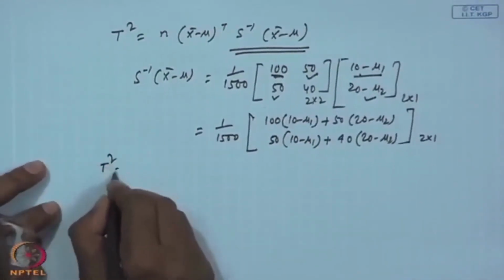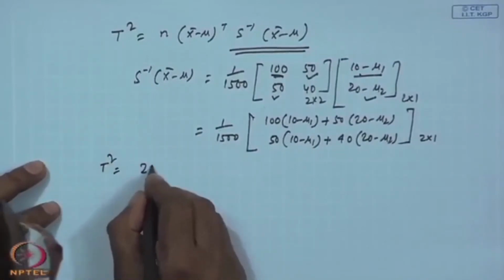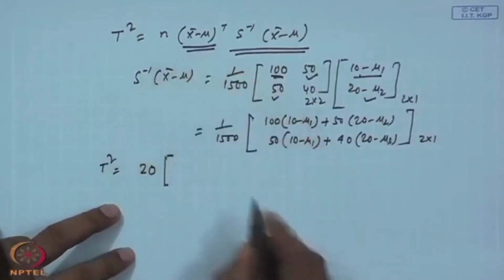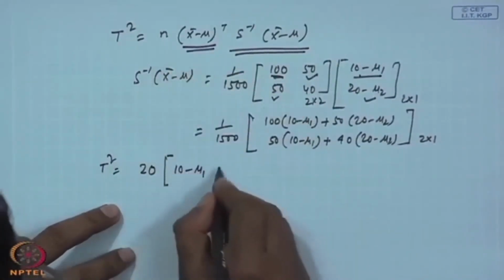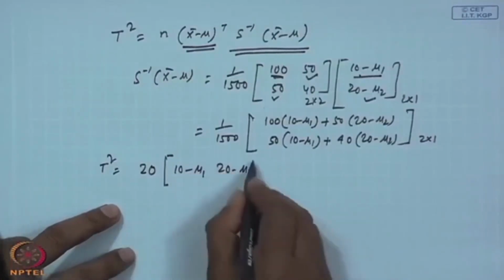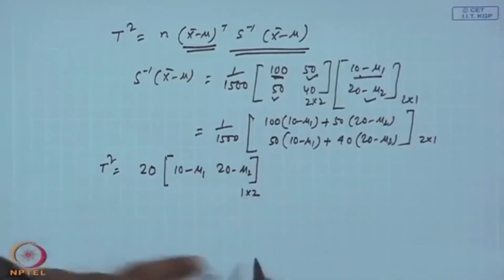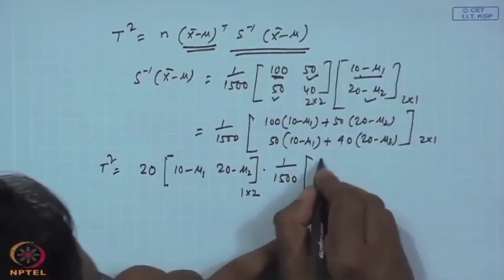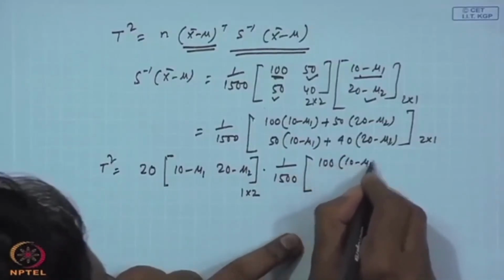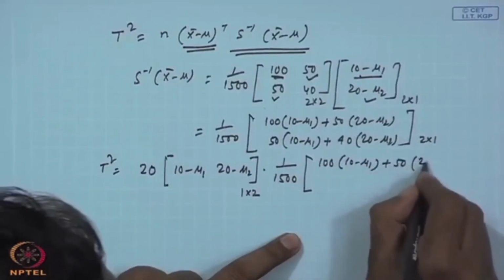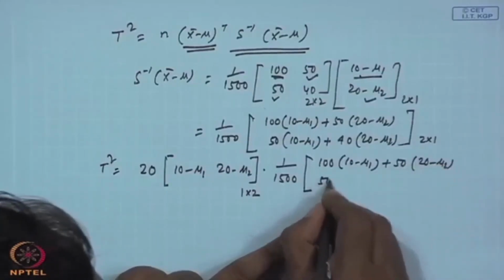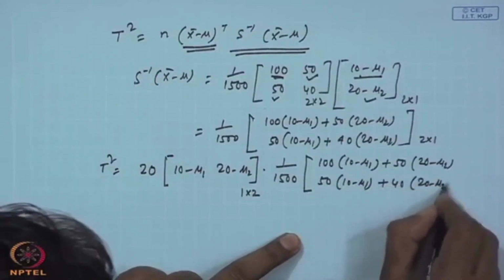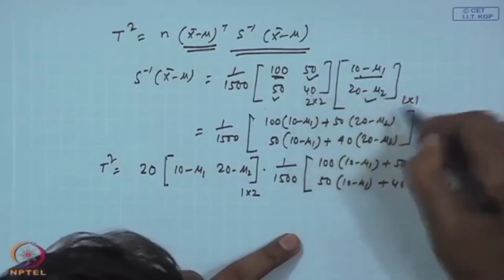Now, you see T square, n equal to how much, n is 20, and (x minus mu) transpose will be (10 minus mu 1, 20 minus mu 2), this will be a 1 cross 2 matrix, then into 1 by 1500 into this total quantity: 100(10 minus mu 1) plus 50(20 minus mu 2), 50(10 minus mu 1) plus 40(20 minus mu 2).